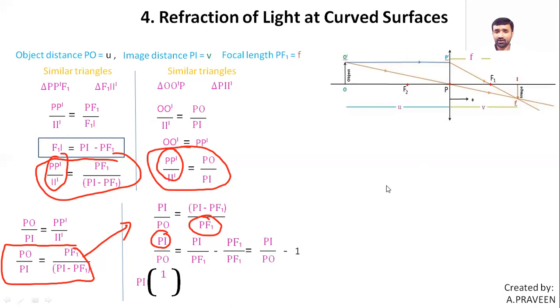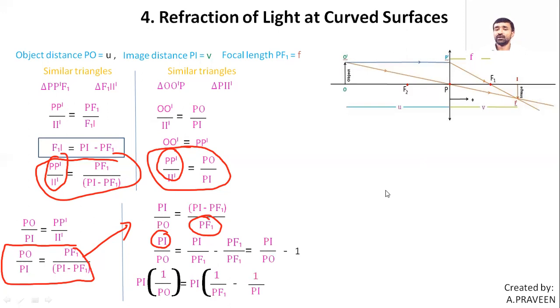So here, PI taken common, PO left on the LHS. Then on the RHS, take PI common again. Then what will remain? It is 1 by PO, 1 by PO minus 1 by PI.